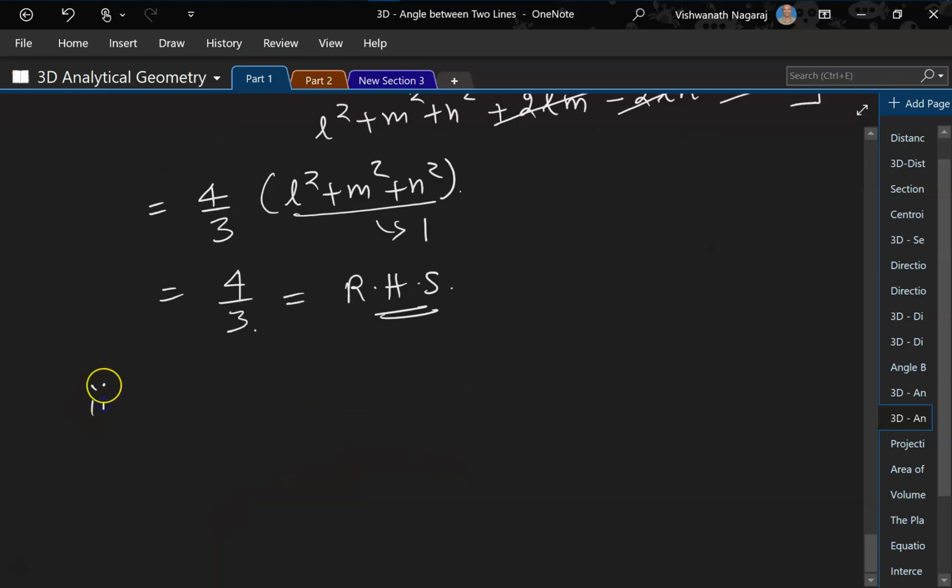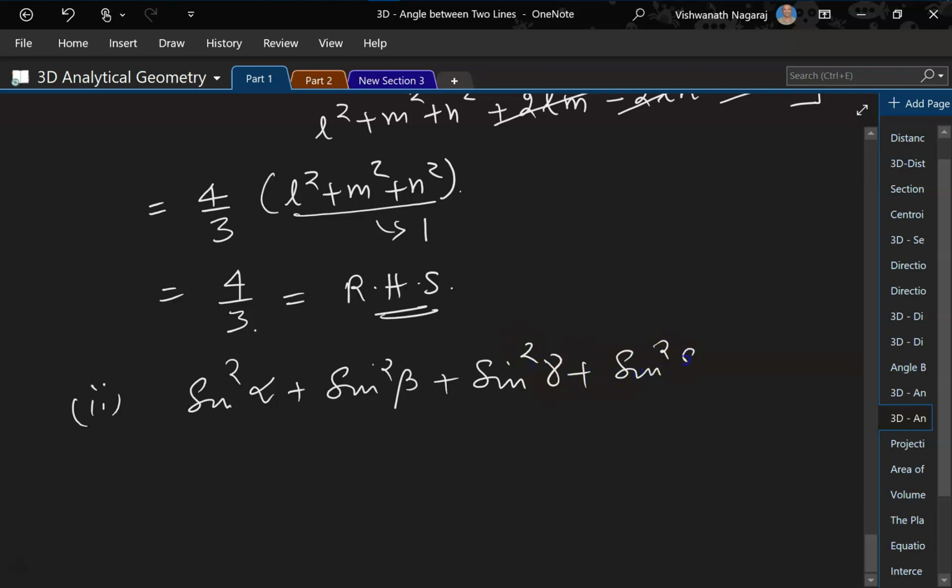Okay. Now what was the second one that we had to show? We had to show that sine square alpha plus sine square beta plus sine square gamma plus sine square delta is equal to 8 by 3. Now we already have it in cos form, right? So let's convert this into cos form.